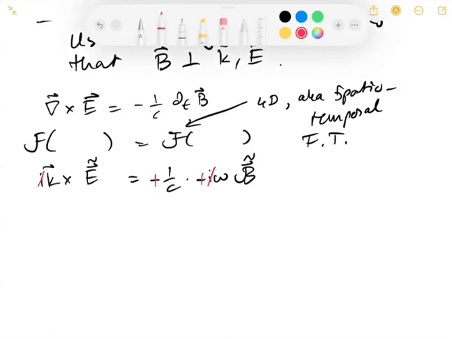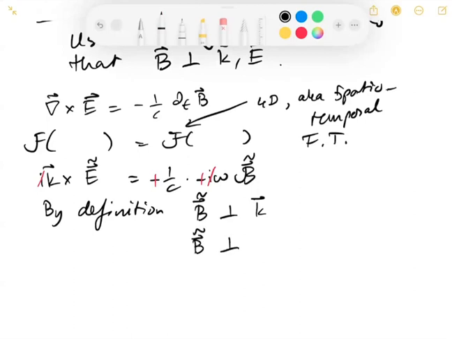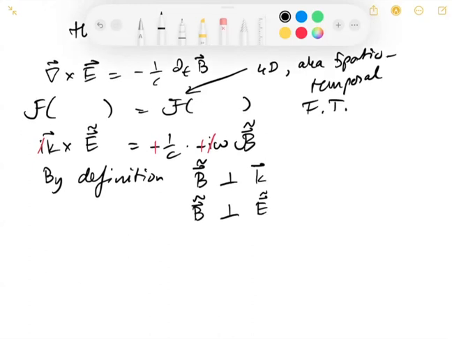So we know that by definition, really, B is going to be perpendicular to k, and B is perpendicular to E. Okay, now that's in the reciprocal space.